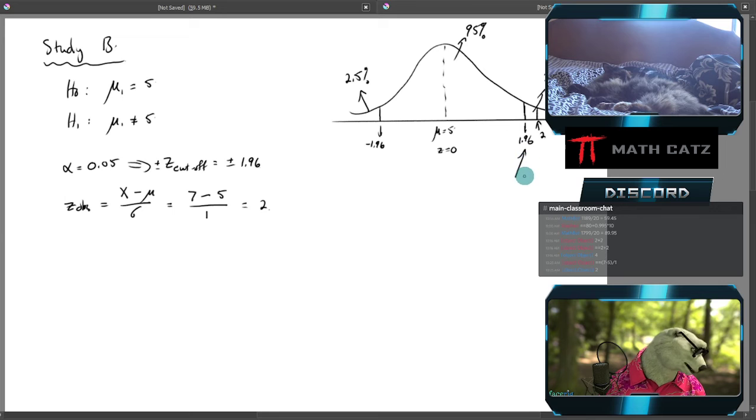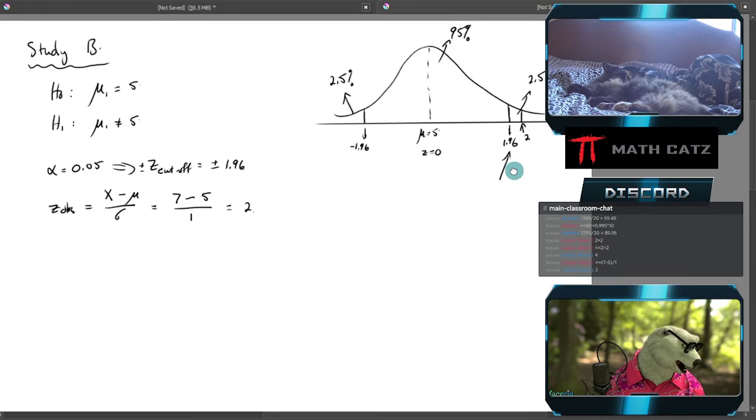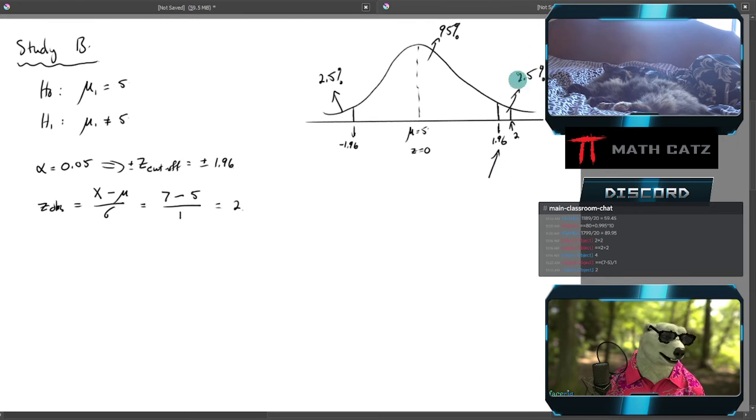So this is my 2.5% in the tail. This 1.96 is my cutoff z-score. This 2 is my observed z-score.